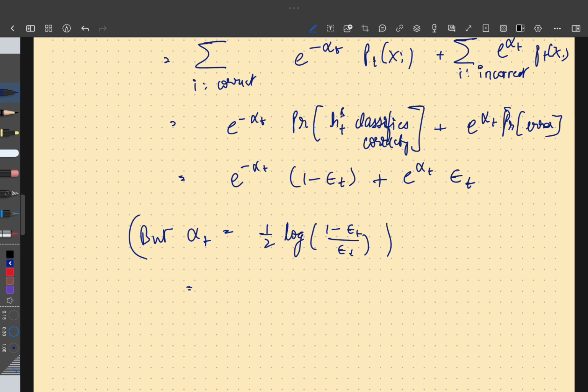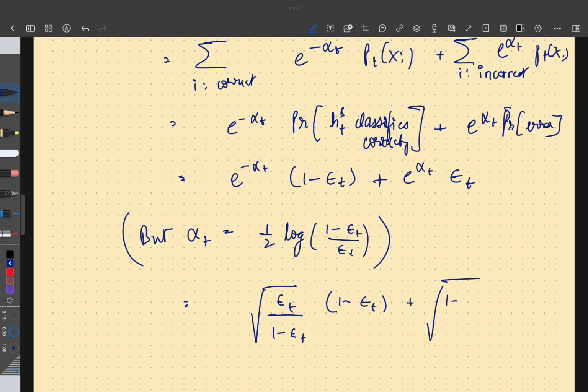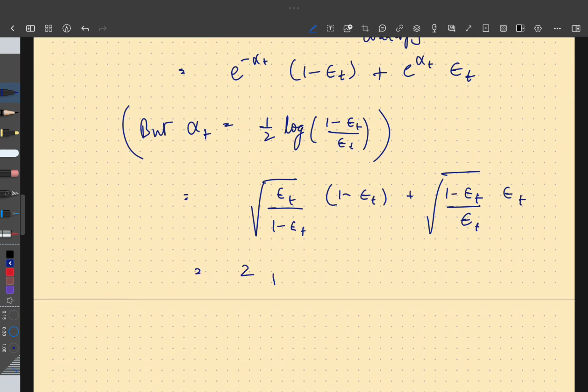So this is equal to square root of epsilon t by 1 minus epsilon t times 1 minus epsilon t, plus square root of 1 minus epsilon t by epsilon t times epsilon t, which is nothing but 2 times square root of epsilon t times 1 minus epsilon t.